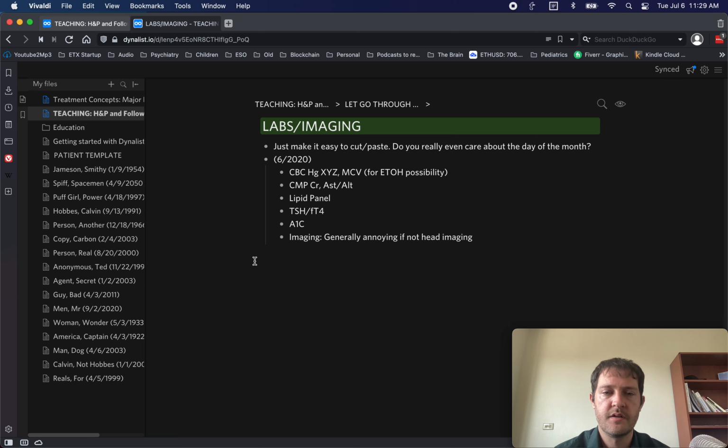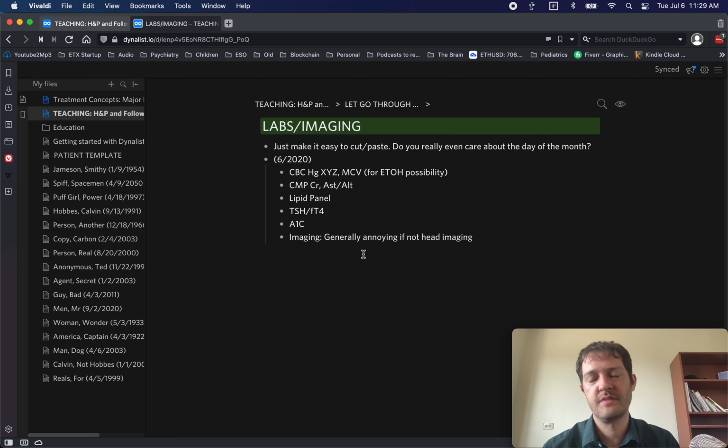CMP, if they're on antipsychotics or lithium or something, I'm looking for creatinine, kidney function, I'm looking for liver function, AST/ALT. Lipid panel, antipsychotics. TSH, if it's really, really low, it's going to cause psychiatric symptoms. If it's really high, it'll cause psychiatric symptoms. So you look at it. Free T4 when you're trying to figure out the reasoning for it. A1C, when they're on antipsychotics, really, that's the only reason for that lab.